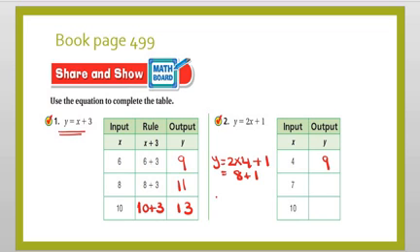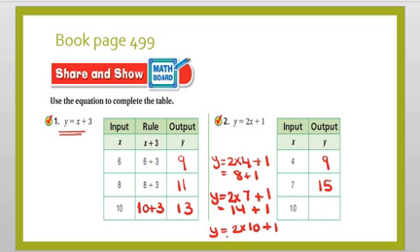When x equals 7, what is the value of y? Let's see. 2 times 7 plus 1. Order of operations again. So here I have 14 plus 1. So the value of y is what? 15. Okay, when x equals 10, so y equals 2 times 10 plus 1.